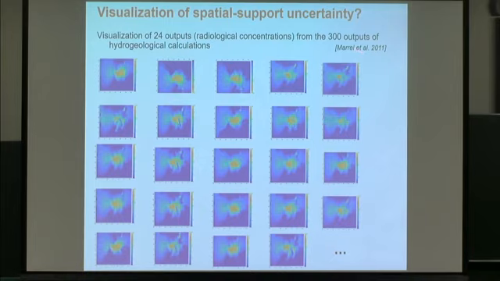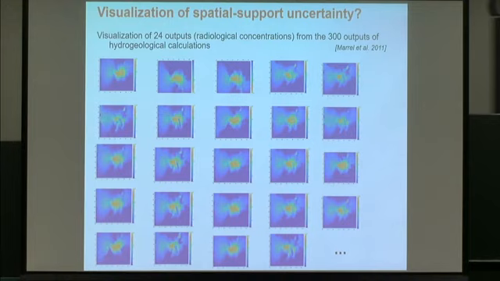This is another example where we want to predict the radiological contamination by radionuclides on a site via a hydrogeological calculation model. We made at this time 300 runs of the model, but we never analyzed all 300 maps. We just computed the mean map and the standard deviation map.